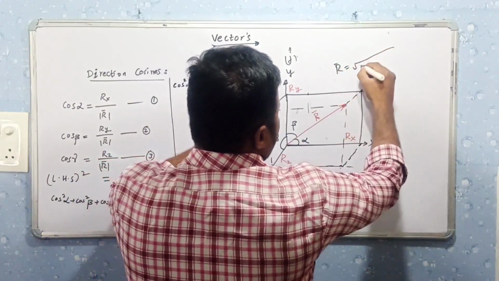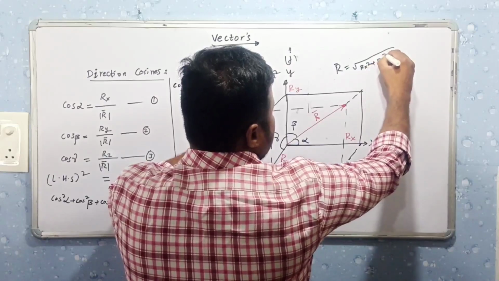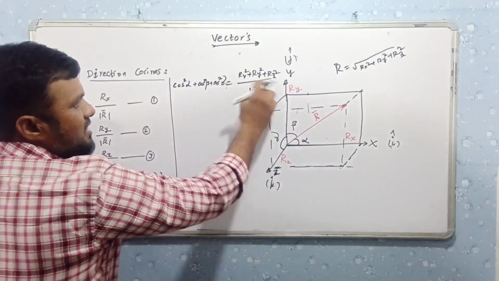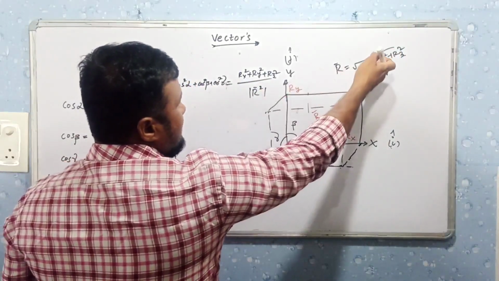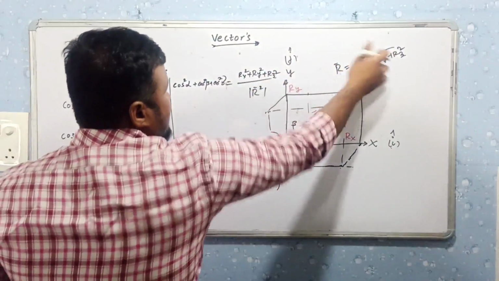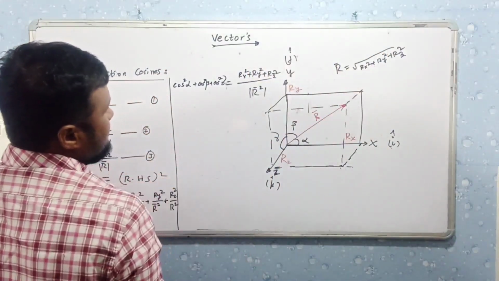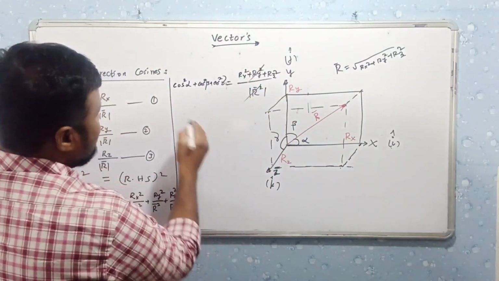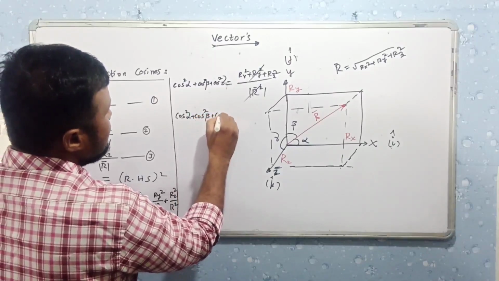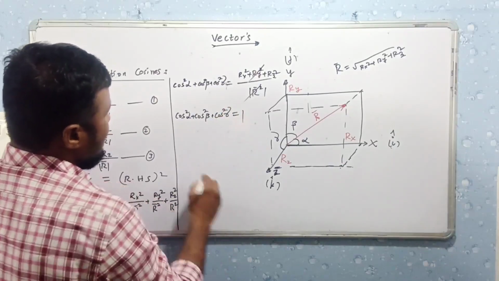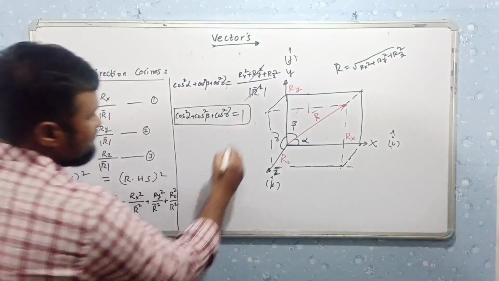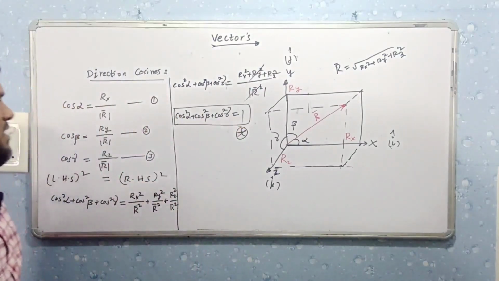R bar is equal to root over Rx square plus Ry square plus Rz square. Square is there, R bar is nothing but this. Square and root get cancelled. So finally, if we just substitute this equation here, the root gets cancelled and we get the same equation as above. So this and this get cancelled. So we will get cos square alpha plus cos square beta plus cos square gamma equal to 1. This is the direction cosine formula. Understand?